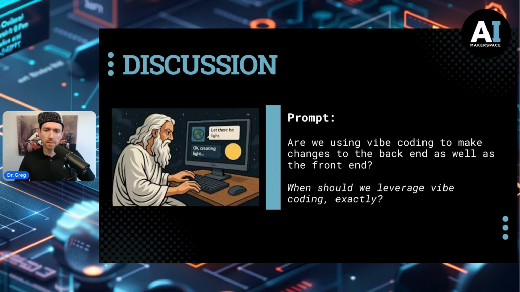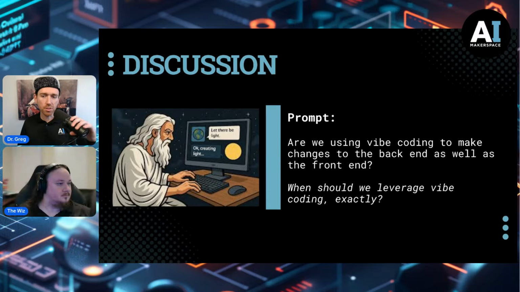In this specific circumstance, are we using vibe coding to make changes to the front end and to the back end? Are you using vibe coding to mess with your FastAPI app? Do you recommend doing that, or do you think the back end should be kept a little more holy, a little more untouchable, and then vibe code up the front end as much as you want?